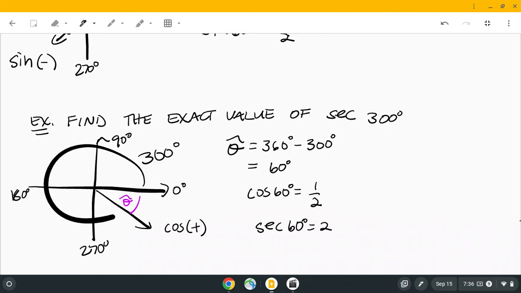And so secant of 300 must also be positive 2. See how that works? We need to find out the quadrant in order to find out the sign of our final answer, positive or negative.